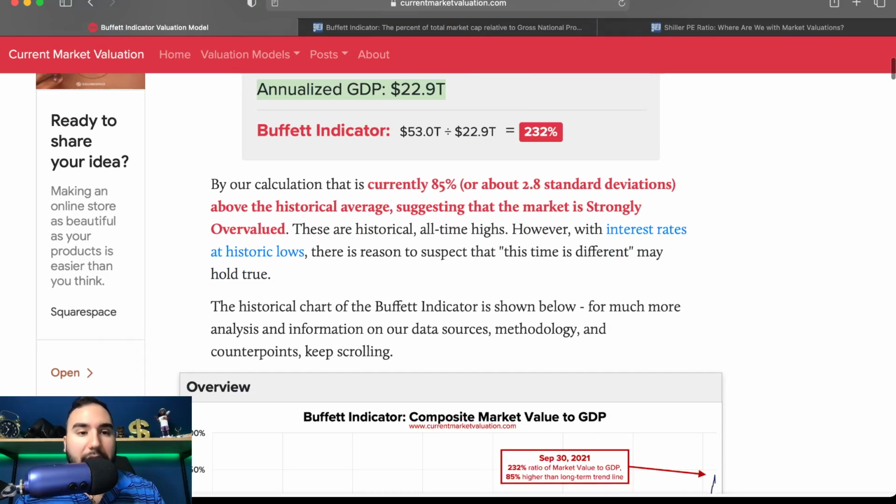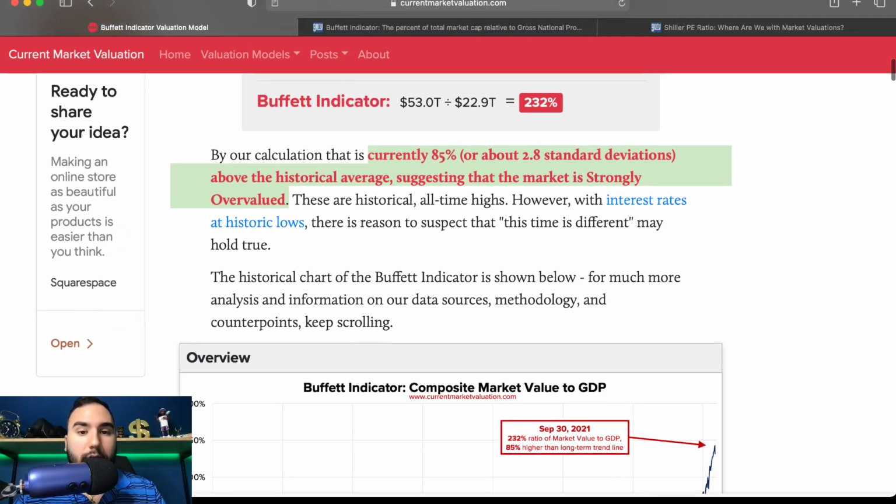And by our calculation, and by our, I don't mean me, this is coming from currentmarketvaluation.com, the calculation is currently 85% above the historical average, suggesting that the market is strongly overvalued.